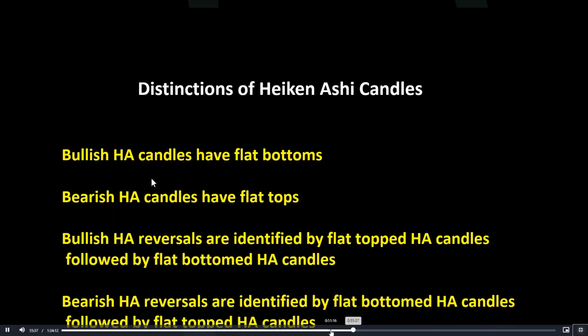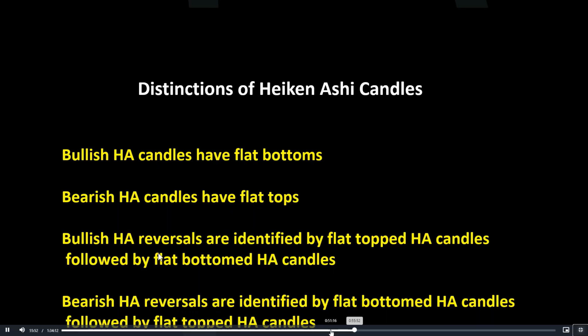Heikin-Ashi candles aren't like that. Flat bottom candles that are bullish and have wicks on the top are more bullish than the ones without the wicks. Okay? Bearish Heikin-Ashi candles have flat tops, and bullish Heikin-Ashi candles have flat bottoms.